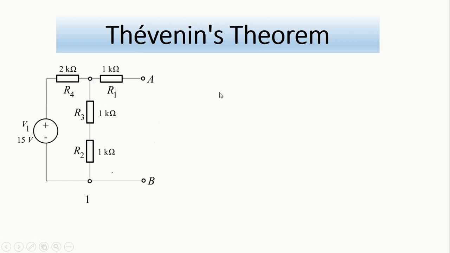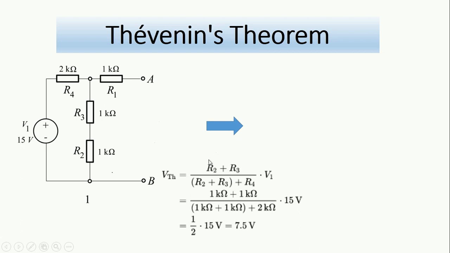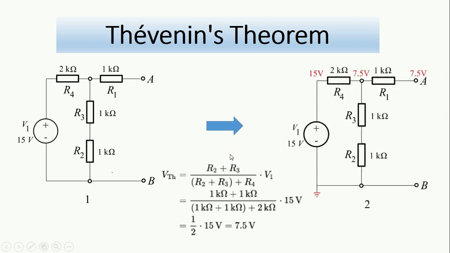You can see the link here. What we want to reach in the end is a simple circuit with only a voltage source and an internal resistance, which is the Thevenin resistance. So here are the calculations.